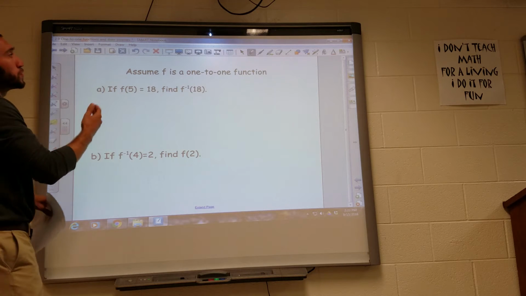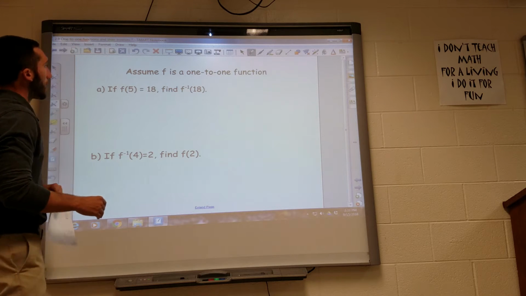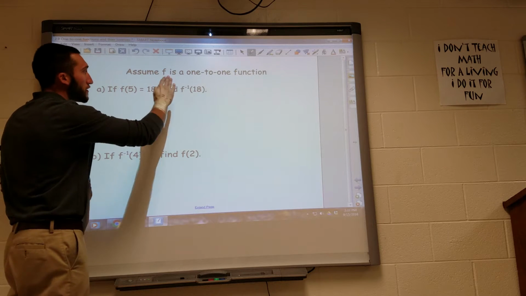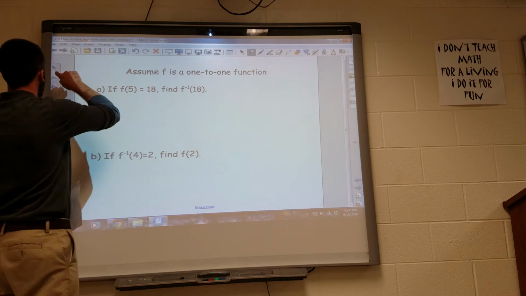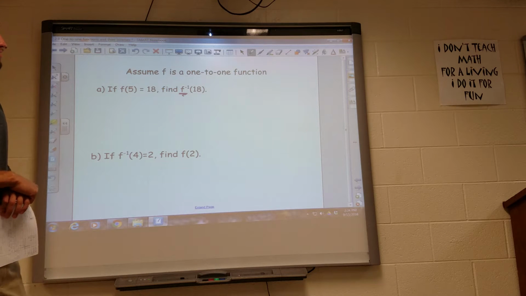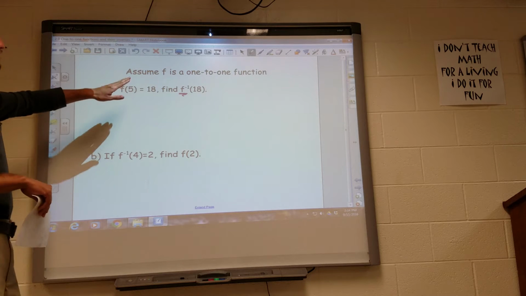Next, they have us assuming a function is one-to-one. So, if f of 5 equals 18, find f inverse of 18. Here is the notation that they will describe f inverse of. So, it is very unique.